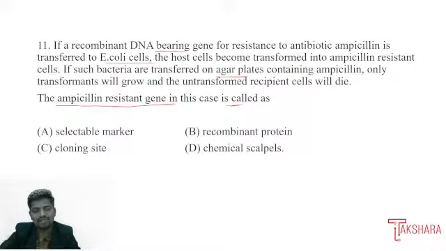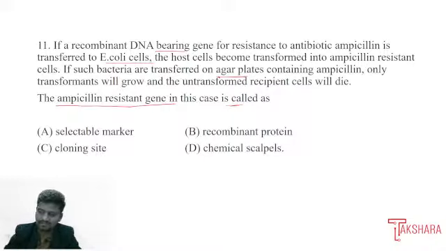So it is easy to identify which cells have undergone transformation and which are non-transformed cells. If we have a group of colonies, we have to find an easy way to tell which cells are transformed and which are not. That is the function of the ampicillin resistance gene.